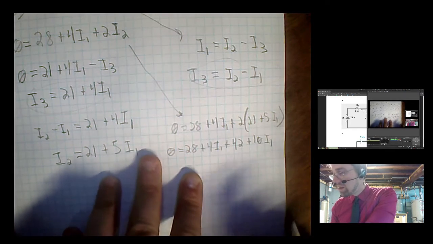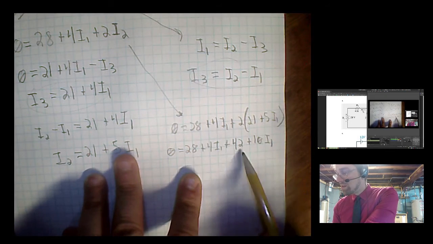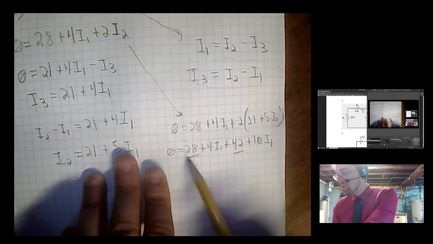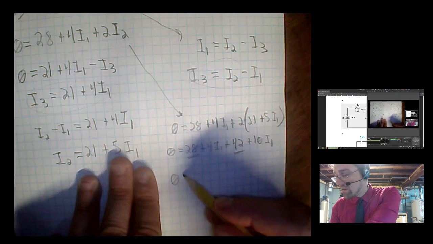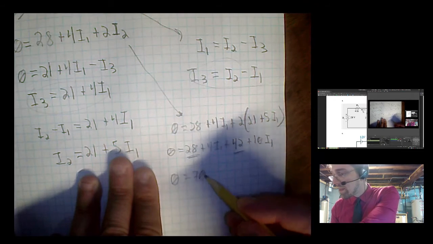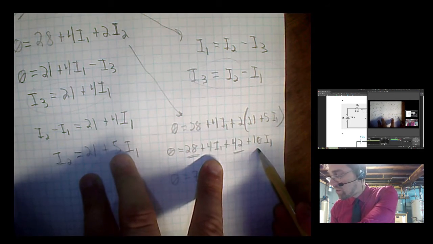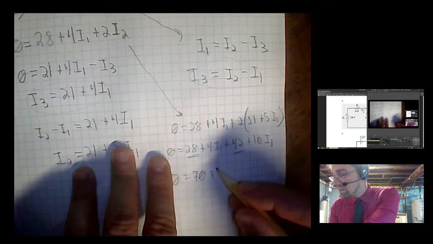Alright. So 28, here's the voltage only terms, right? 28 plus 42 is what? 70. And then positive 4 plus positive 10 is 14.